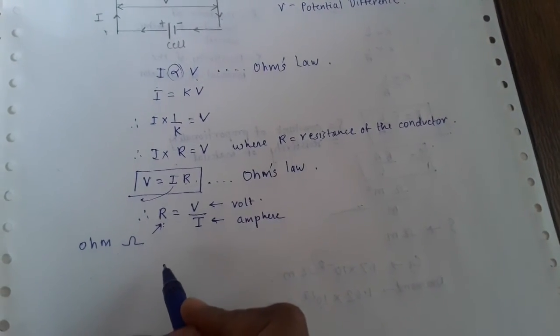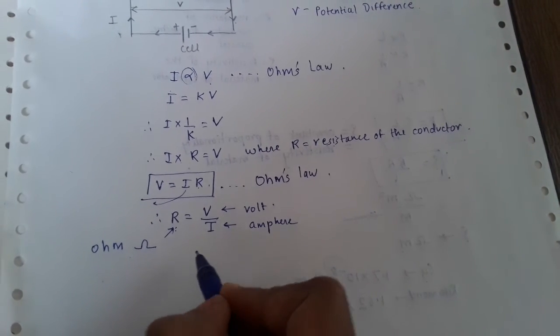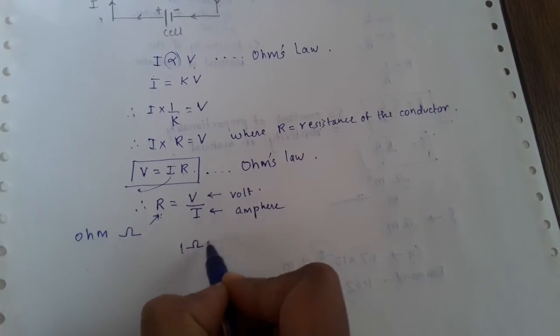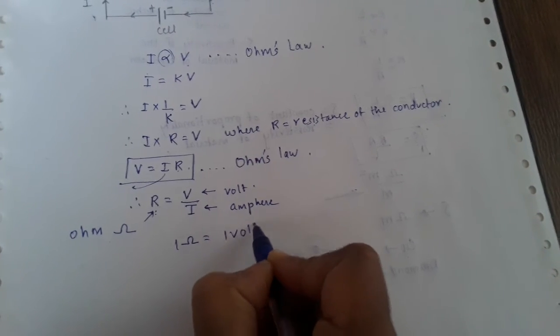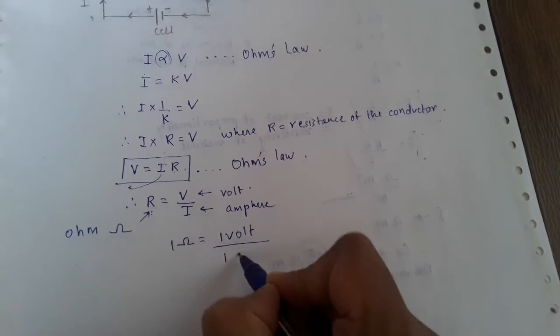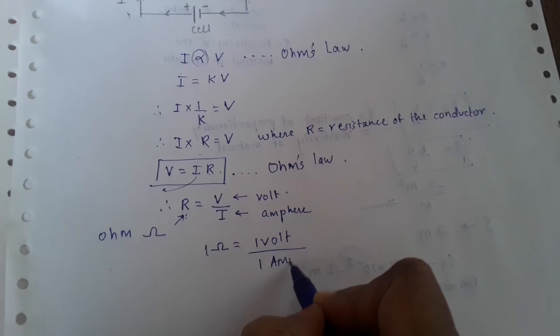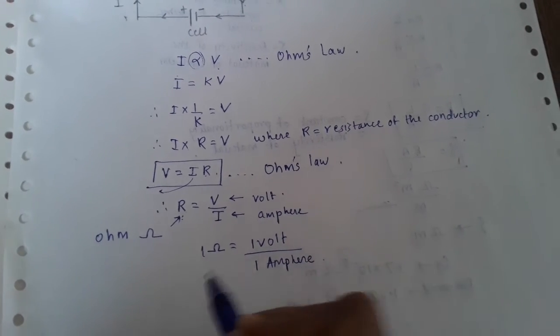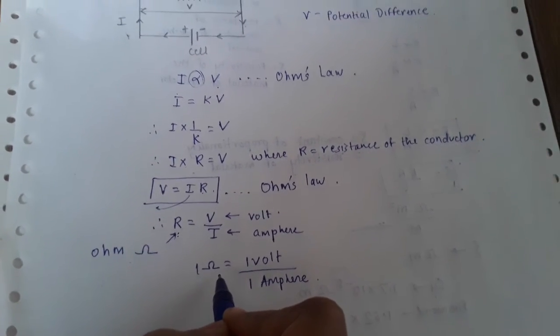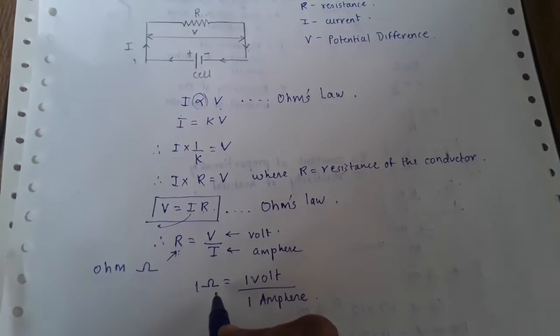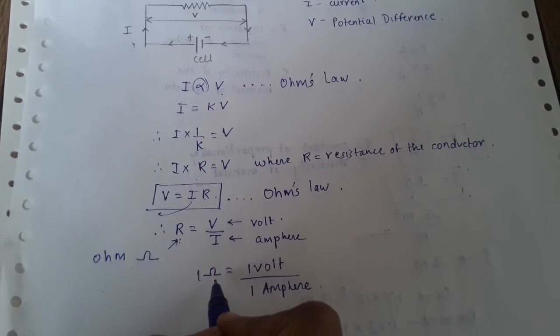Now, how do we write 1 ohm? 1 ohm is 1 volt upon 1 ampere. So how is 1 ohm of resistance defined?